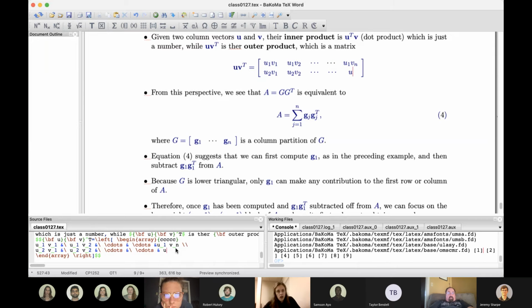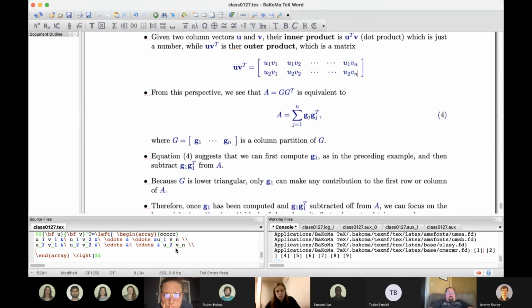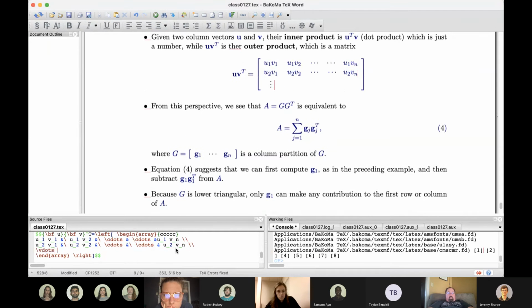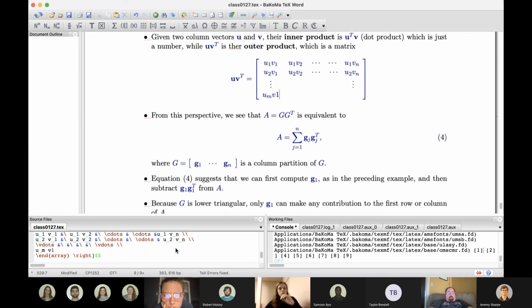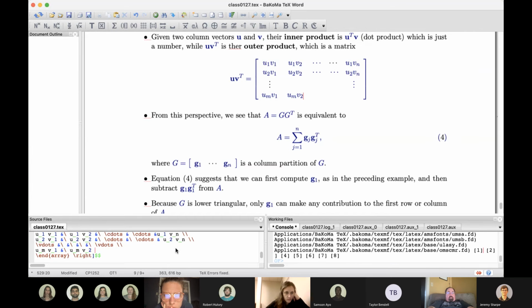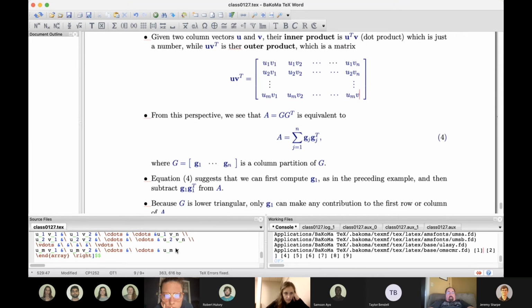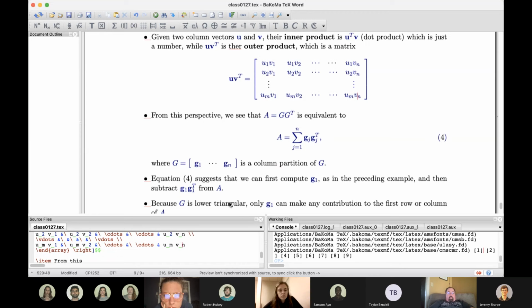Okay, u_n v_1... and finally u_m v_1, u_m v_2, up to u_m v_n. So that's what an outer product looks like.